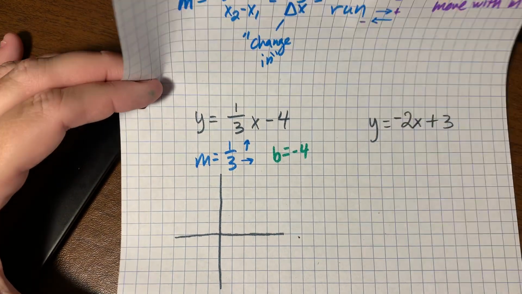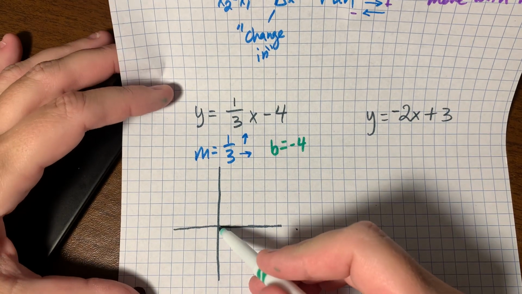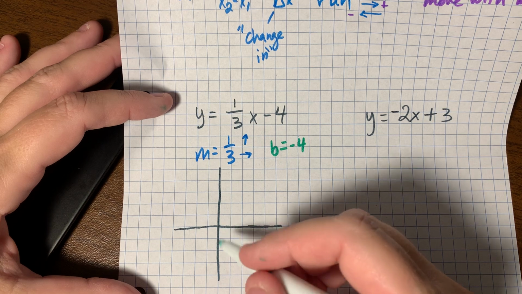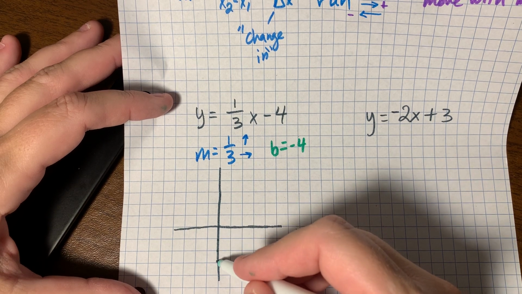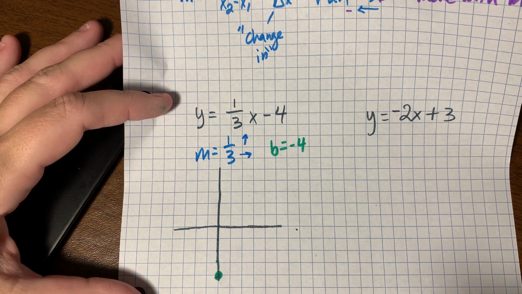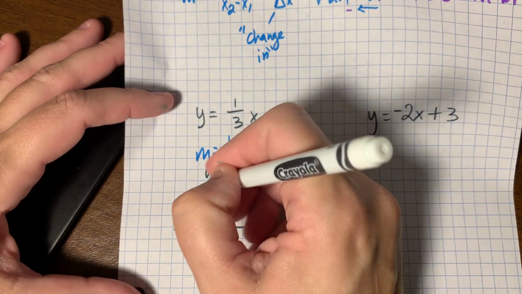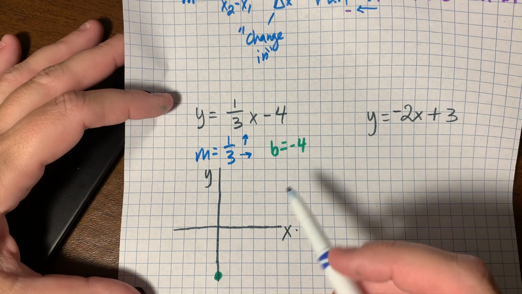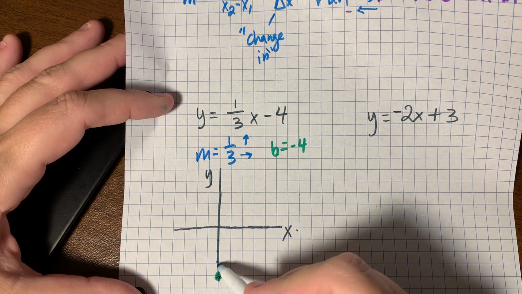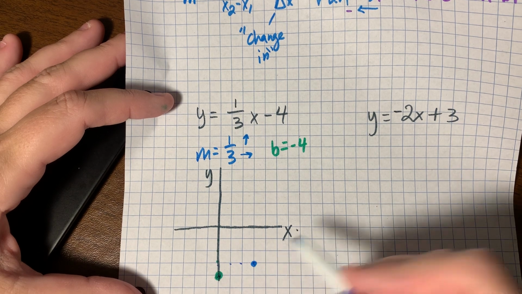So on my coordinate plane, I'm starting in the middle at the origin where everything is 0. The y-intercept is -4, so I'm going to count down 1, 2, 3, 4 on the y-axis. I should label these for you, x, y. The slope is 1/3, so from the y-intercept, I go up 1 over 3.